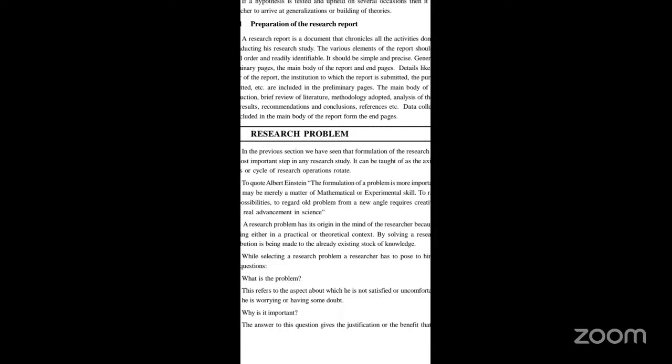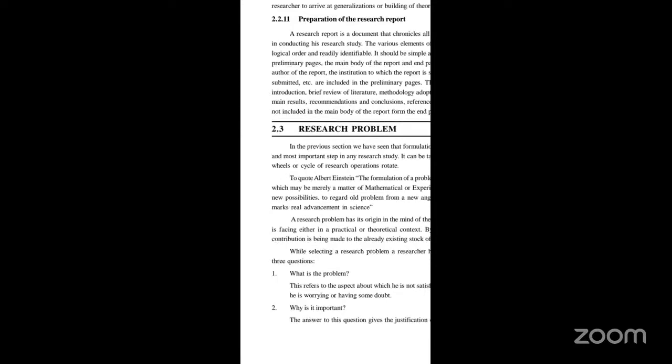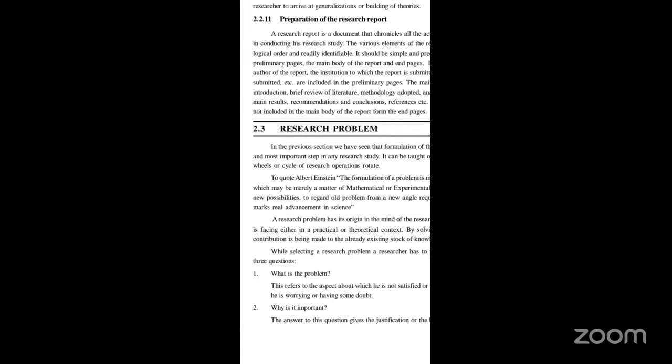So a research problem has its origin in the mind of the researcher because of a difficulty he is facing, either in a practical or theoretical context. By solving a research problem, some contribution is being made to the already existing stock of knowledge.